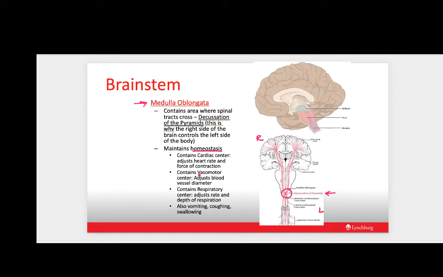We have the vasomotor center, which is going to control vasodilation and vasoconstriction of blood vessels, and therefore blood pressure. We have the respiratory center, which is going to control rate of respiration as well as depth of respiration. And then the medulla also controls vomiting, coughing, and swallowing.